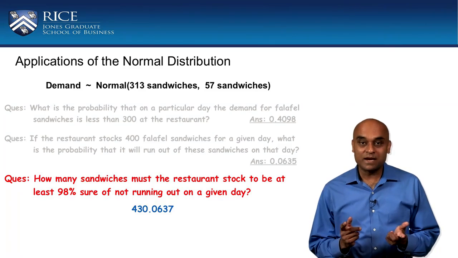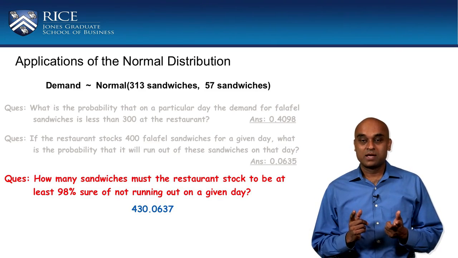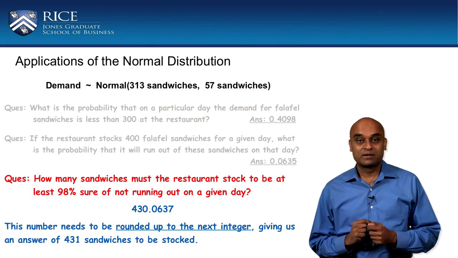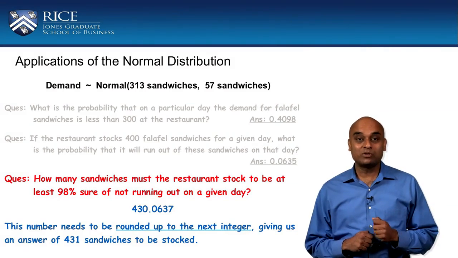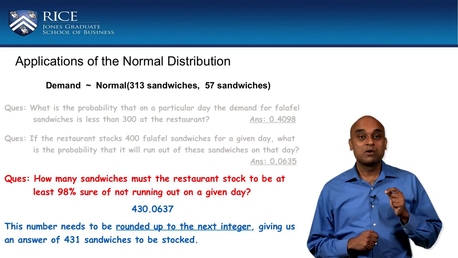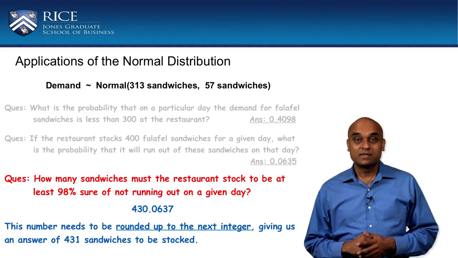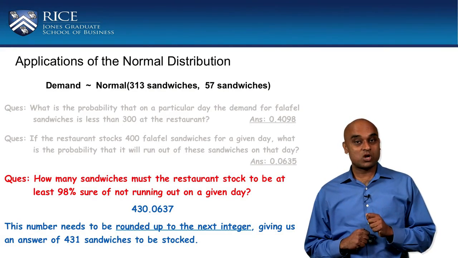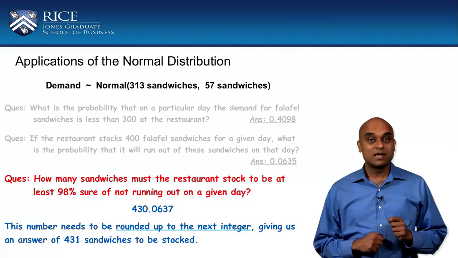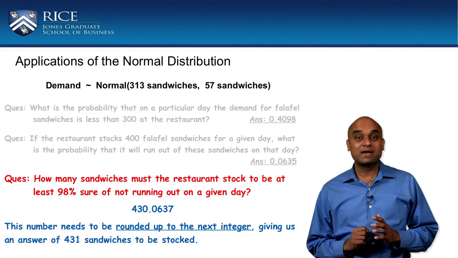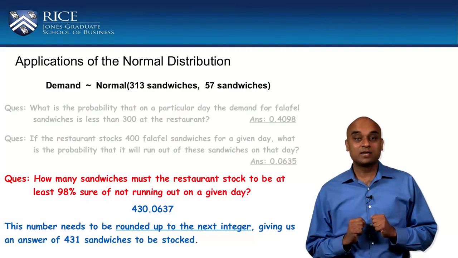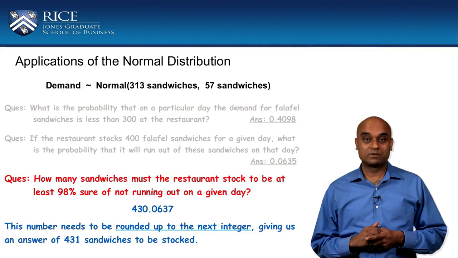So how many sandwiches should the restaurant stock? The answer is 431, because if you round the number 430.0637 to 430, then remember that if the restaurant stocks 430 sandwiches, the probability that demand is less than 430 will drop below 98%.